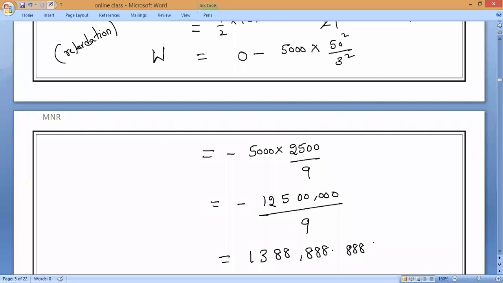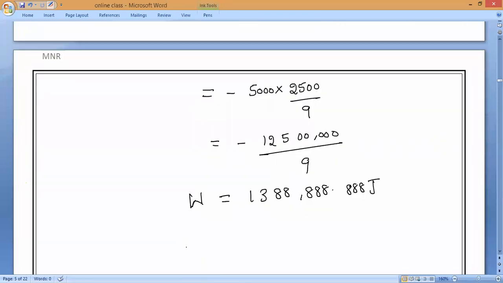What is the unit of work done? Joules. That is what you have to write. So that many joules of energy will come. Very good, Hari. Do it, all of you.